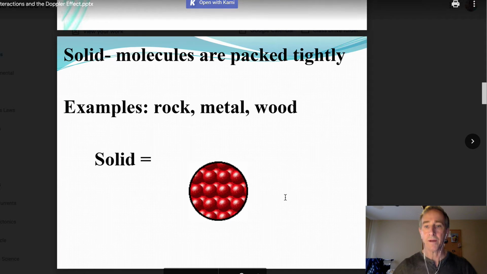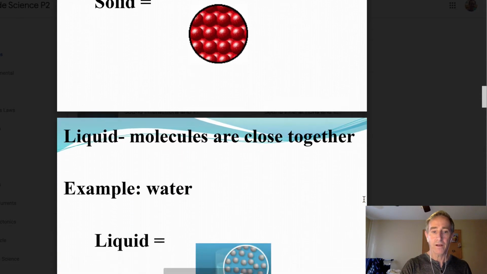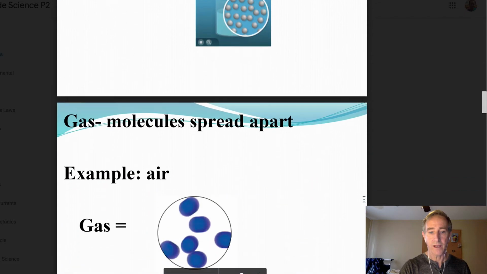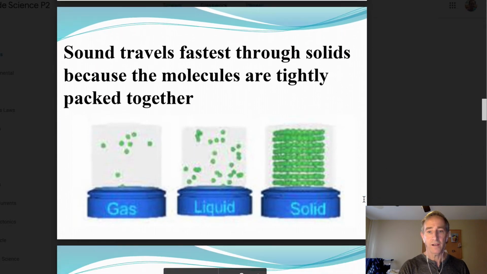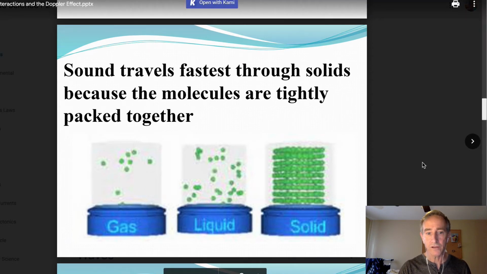The molecules are packed tightly together, so the vibrations can pass from one molecule to the next much faster than in air. Liquid. Molecules are close together. In a gas, the molecules are spread apart. Sound travels fastest through solids because the molecules are tightly packed together.